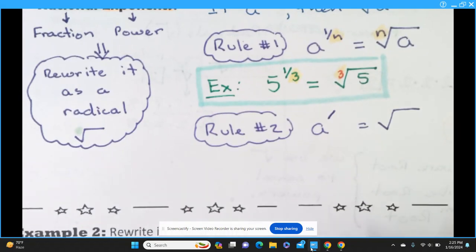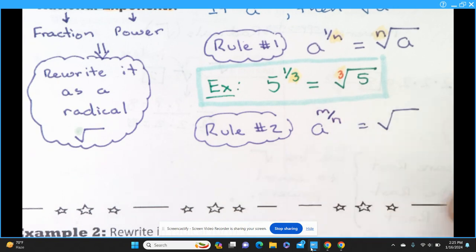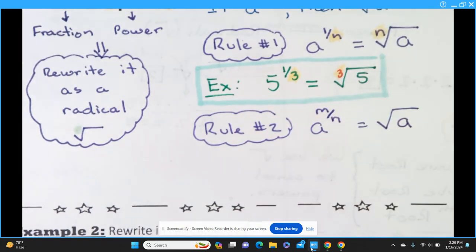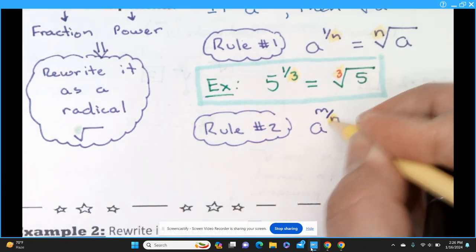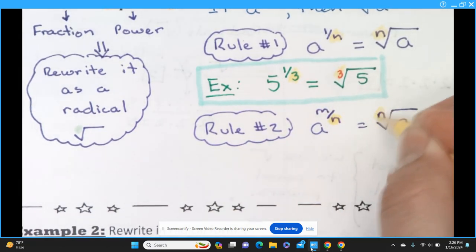So now, if it says m on the top and n at the bottom, now you have 2 letters. Well, 3 letters, right? Because you have the a, but we already know the base goes inside. We don't mess with the base. But it's all about denominators. The denominator is n. And you might say, yeah, but what about the m? Don't worry about that. The denominator is the index.